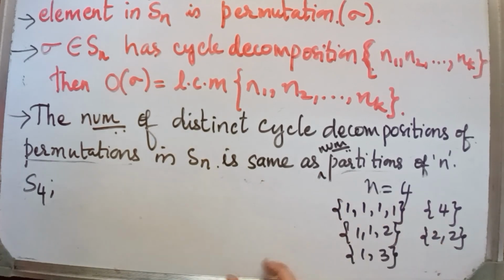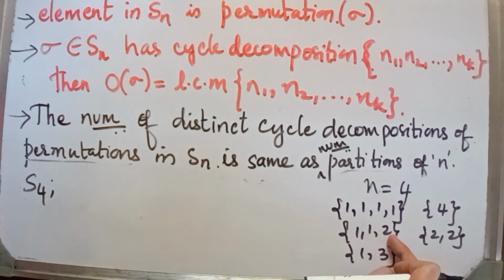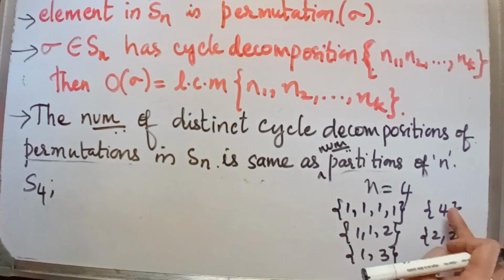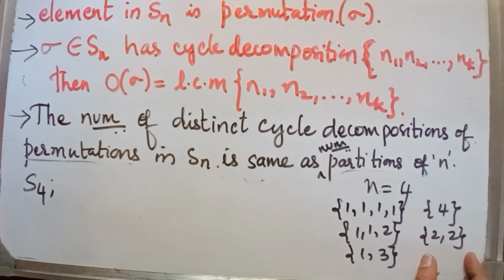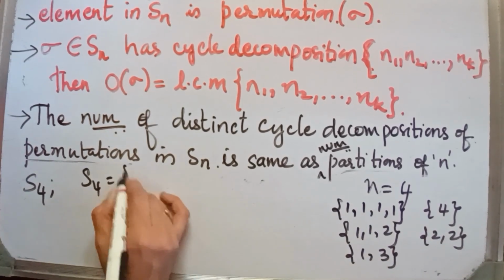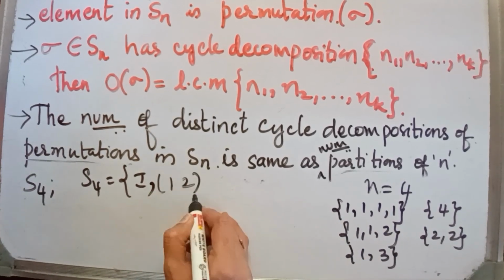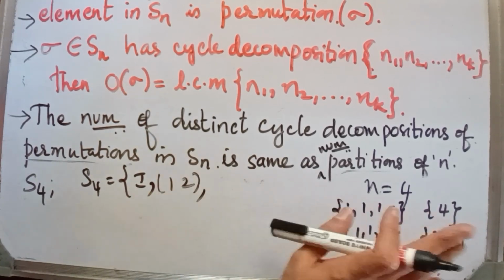One is identity, one is transposition, a 2 cycle, then you have 3 cycles, then you have 4 cycles, then you have a product of 2 transpositions. That is like this: S4 has identity, then you will have transpositions (1 2), (1 4), (3 1 4). I will not list out all.